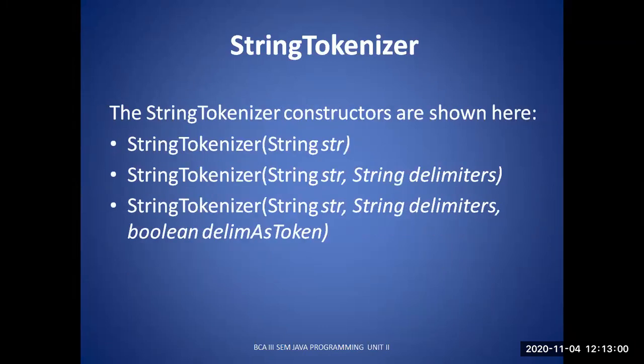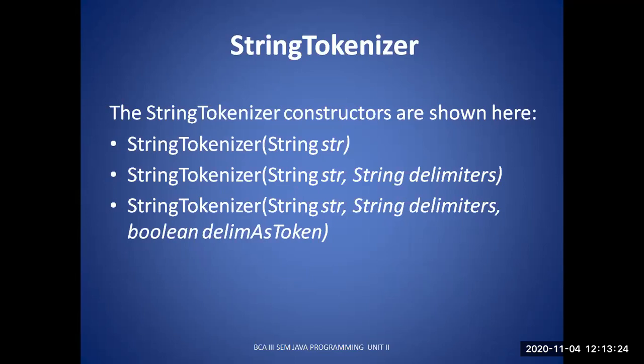So this is a class. It also contains some constructors. There are three constructors which are possible in the string tokenizer class. The first is a parameterized constructor which accepts one string. The second constructor accepts a string along with the delimiters.